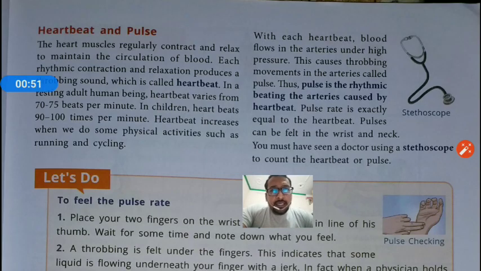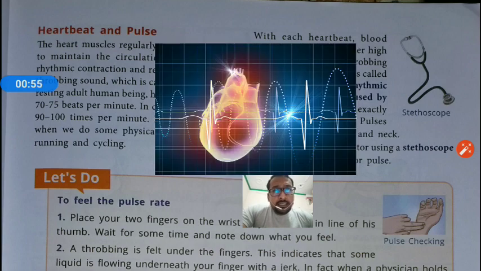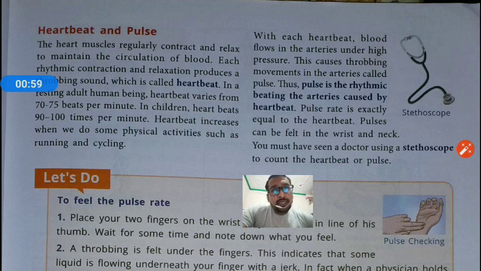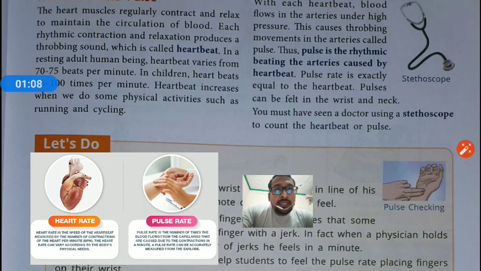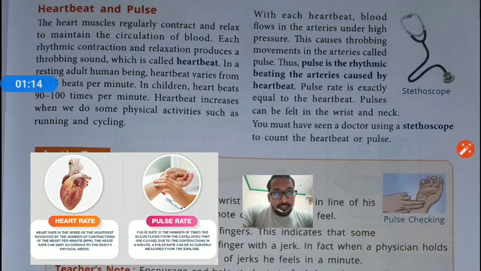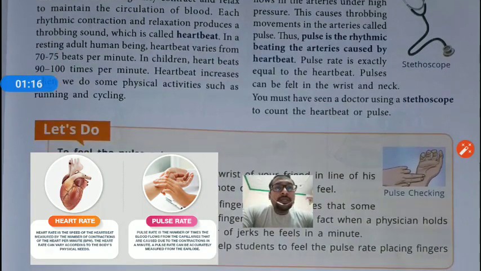Now come to the next page. Here you see heartbeat and pulse. Each rhythmic contraction and relaxation produced by the throbbing sound is called the heartbeat. In a resting adult human being, the heartbeat varies from 70 to 75 beats per minute.